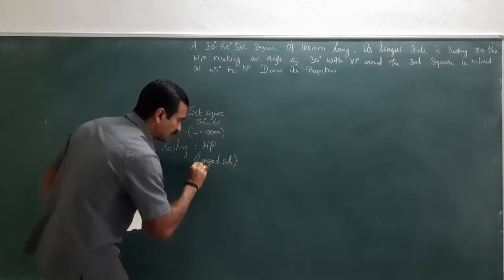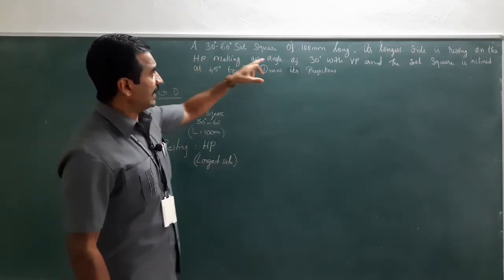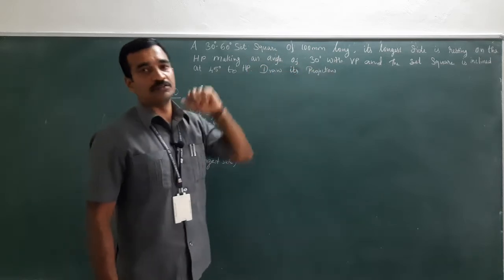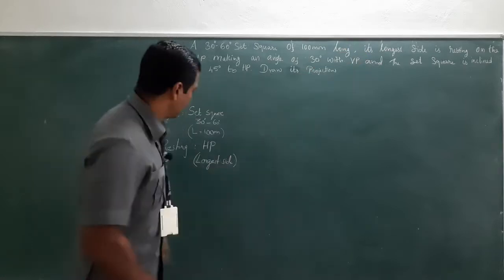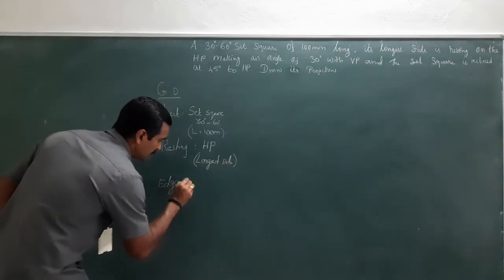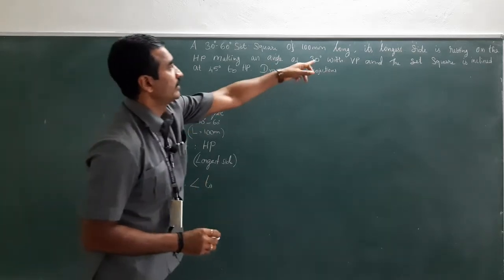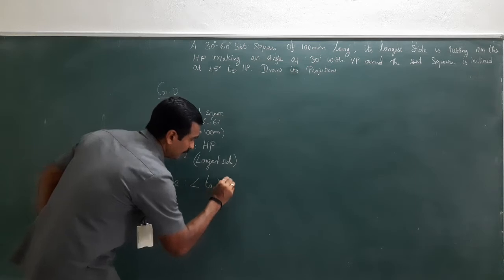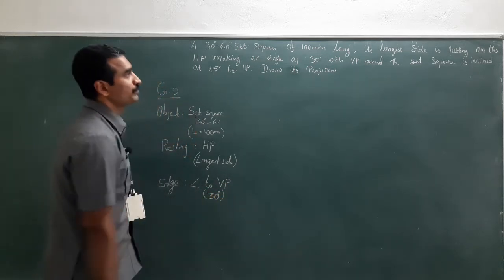It is resting on HP with longest side, and making an angle of 30 degree with VP. So the edge inclination, that is the longest side, that is edge inclination, isn't it? Edge is inclined to where? VP at an angle of 30 degree.